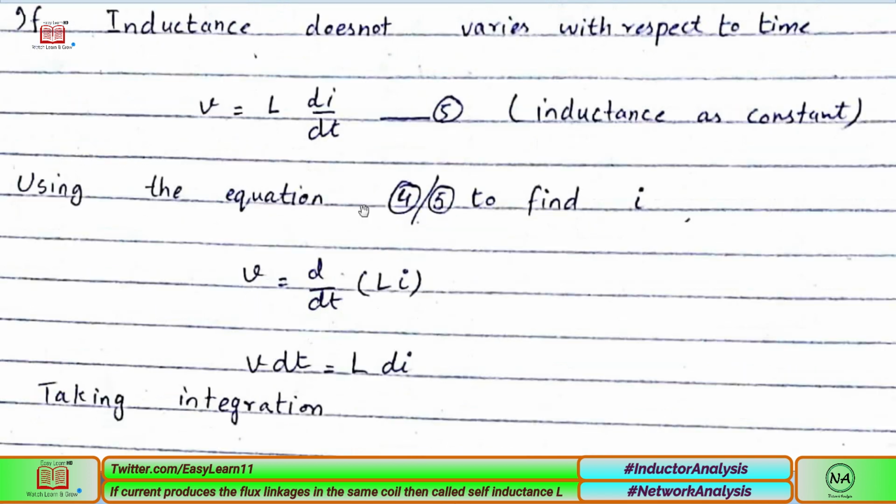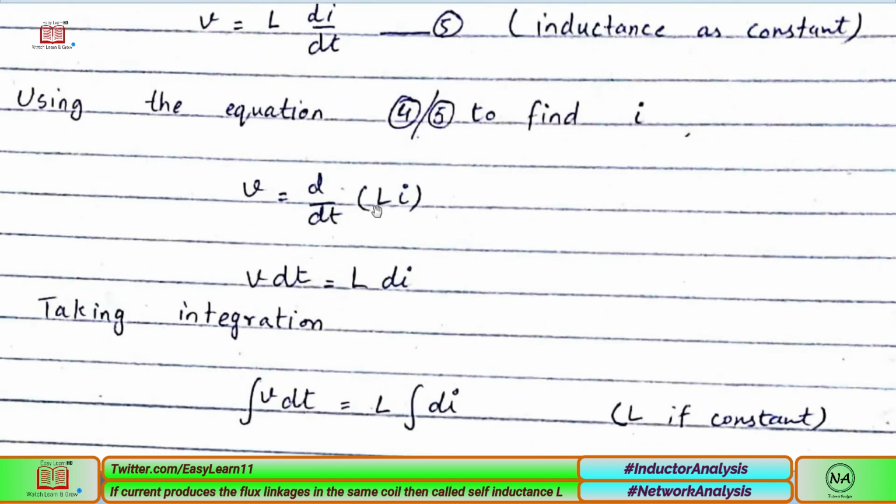What do we need to do here? Actually this is the same thing, equation number 5. If L is constant, you can just write it as it is. D goes to di, and dt is in the denominator. If we separate this by cross multiplication, it will go to the multiplication side with the v in the numerator.